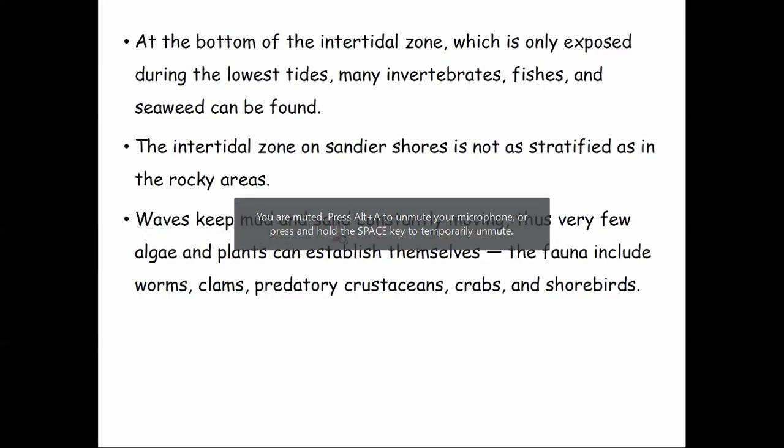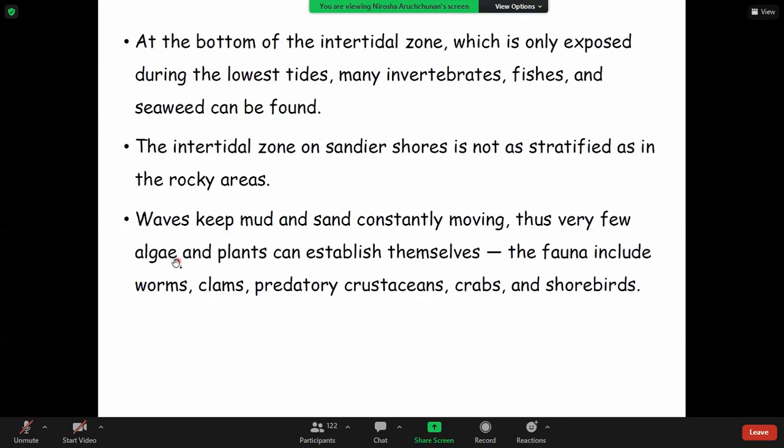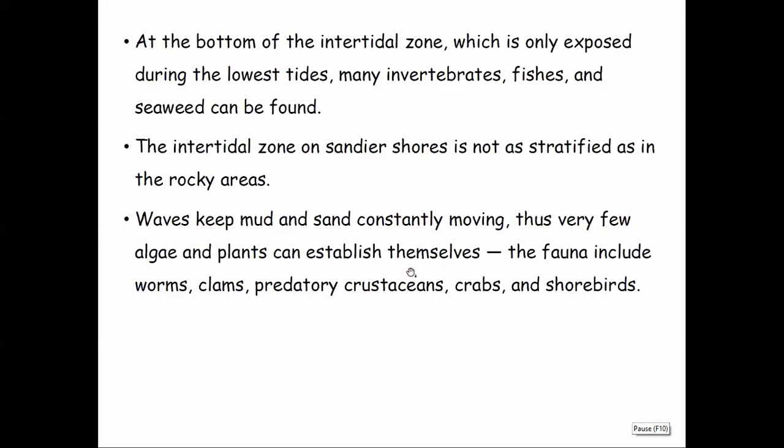So very few algae and plants can establish themselves, as there are no constant species; it's always changing. The fauna include worms, clams, predatory crustaceans, crabs, and shorebirds. Normally we can observe predatory crustaceans in that area.